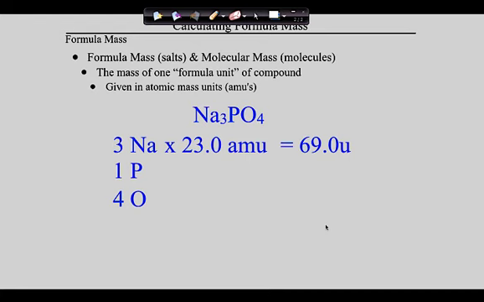Don't forget the units. U, which stands for atomic mass unit, which you may remember is the mass of a proton. Now, guys, what does phosphorus weigh to 1 decimal place? Is it in the 60s? 30s? 30 what? 31. So, guys, 31.0 atomic mass units. And then 31 times 1 is, of course, 31.